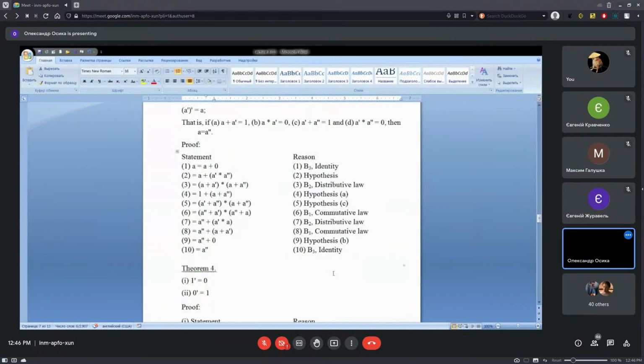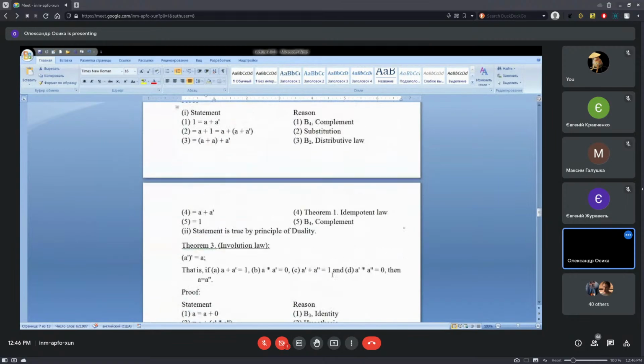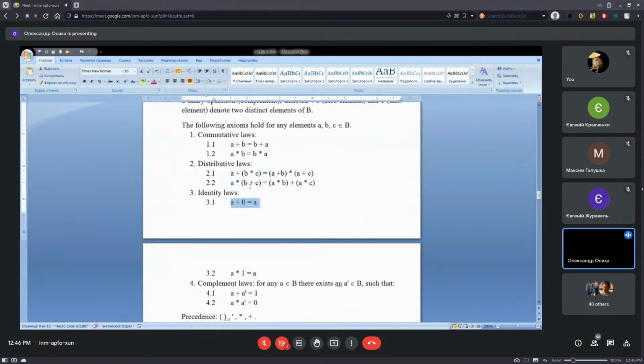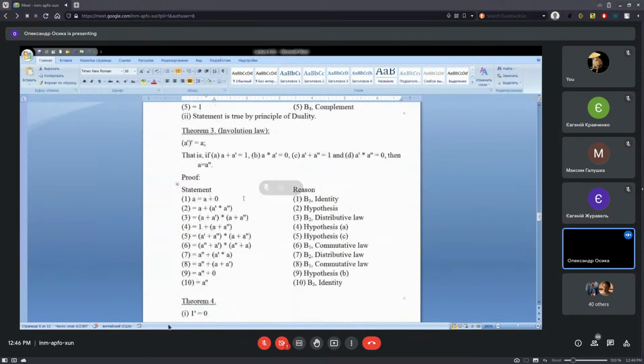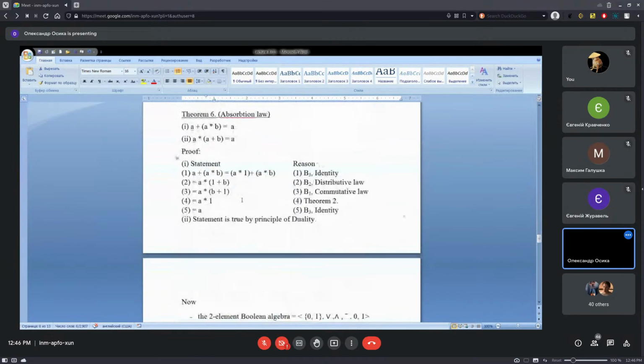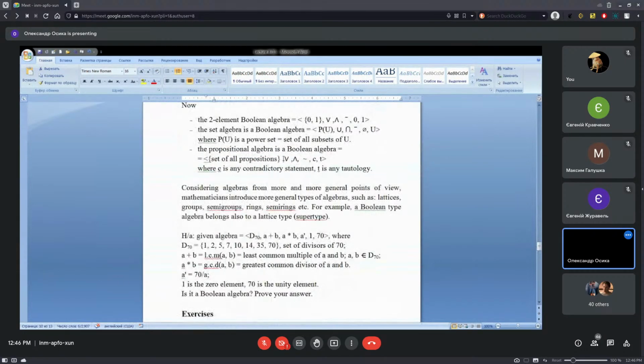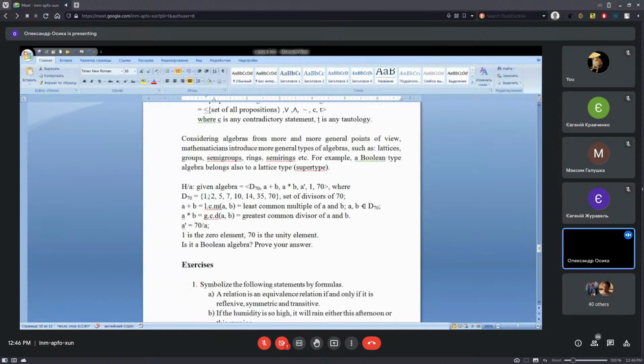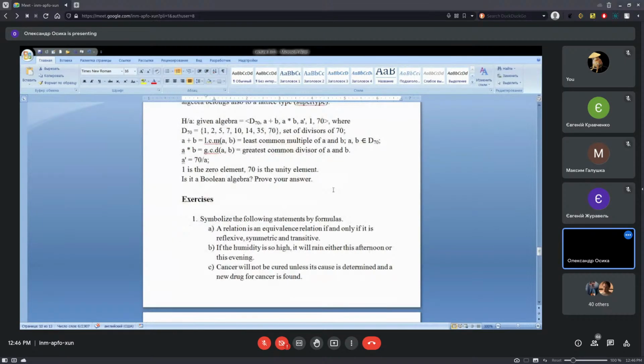If it holds, then you can apply to this algebra all the other laws of, for example, two-valued Boolean algebra for transforming formulas, because here we apply operations to get new numbers from this set. So prove your answer.